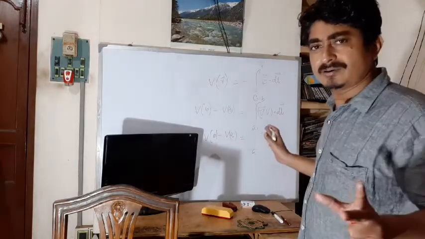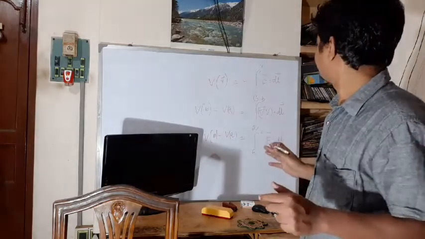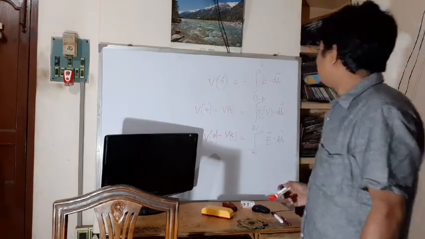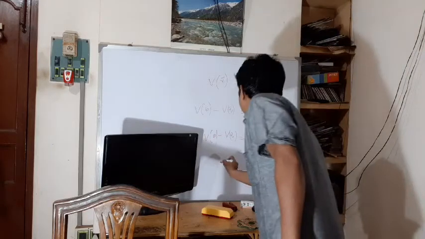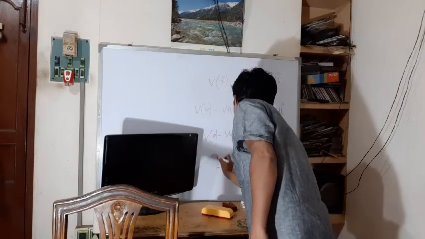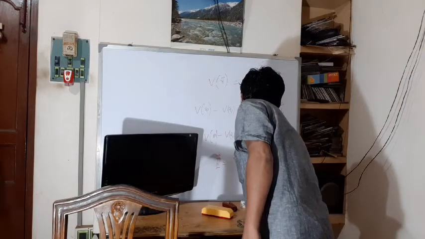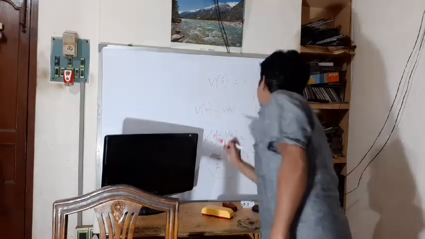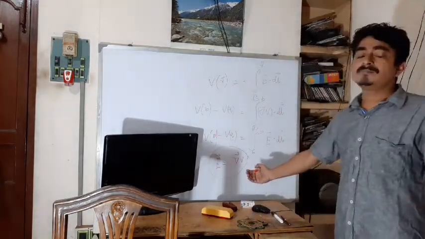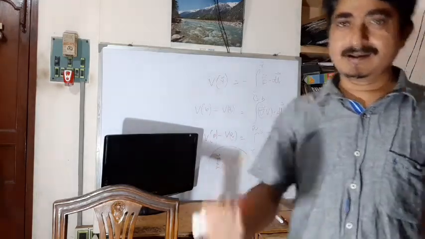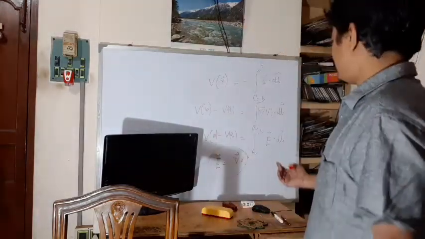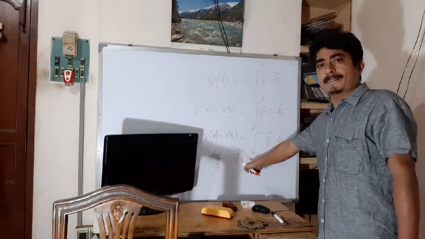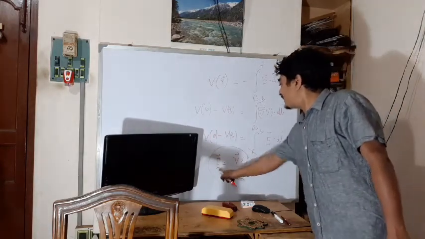So that is not our concern. From these two equations we can easily say that E equals minus gradient of V. This is the differential form of an electric field in terms of a scalar field. This is the relation from a vector to a scalar.